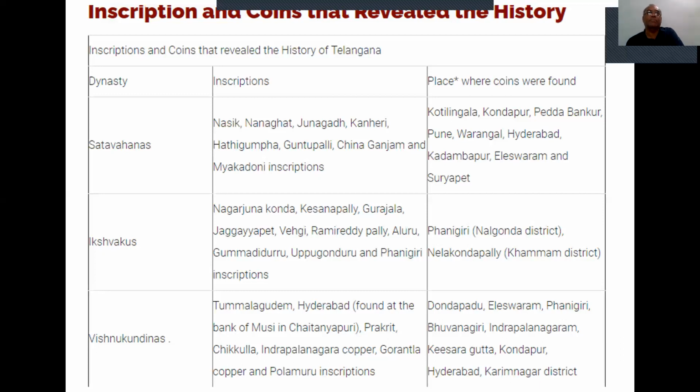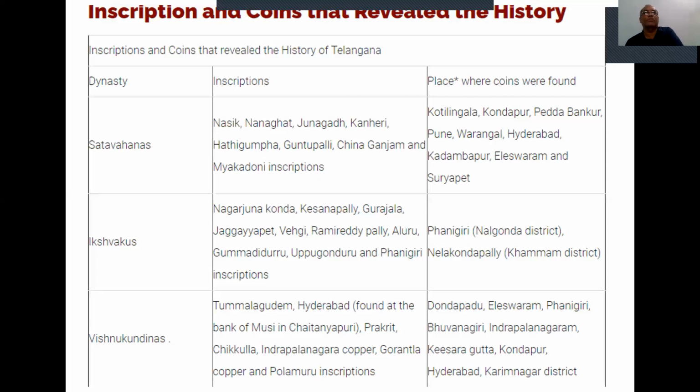Similarly, the inscriptions become very important in trying to understand the political culture, the political power of the dynasty, the kind of social systems that prevailed, and the synchronization between the political system and the social system. In some cases, even the cultural patterns can be understood when we study the inscriptions.